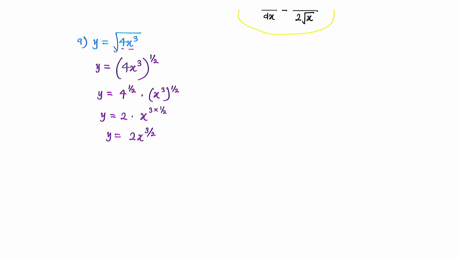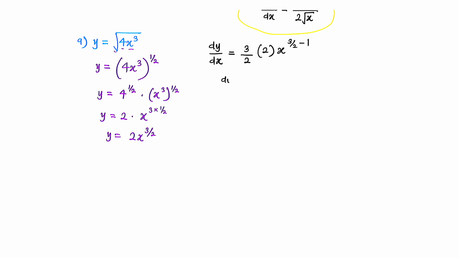Now we can take the derivative of y with respect to x. So dy/dx equals, bring the power down, 3 over 2, multiplied with the existing coefficient, which is 2. Write the variable back, x, subtract 1 from the power.